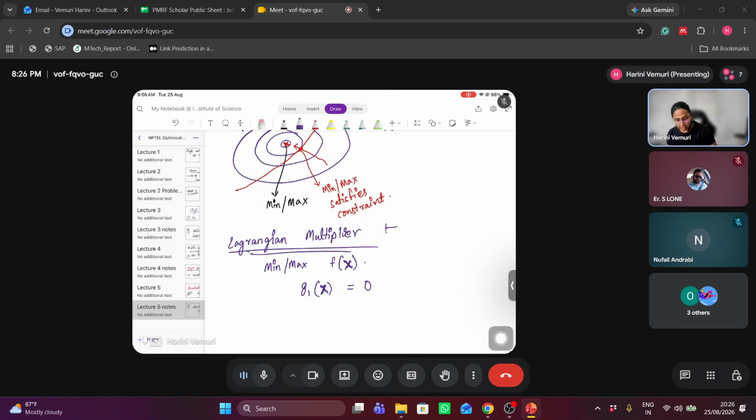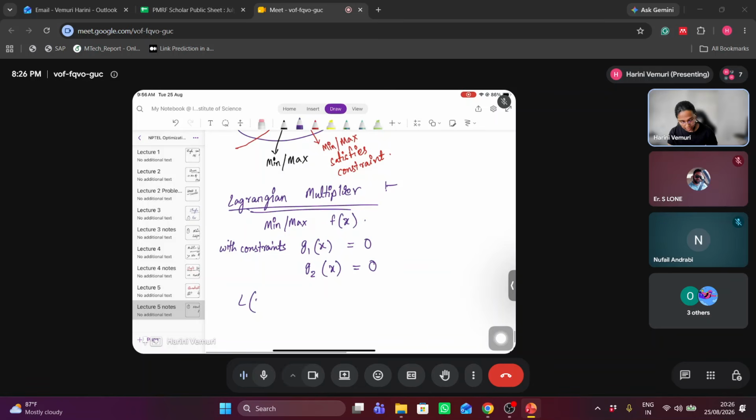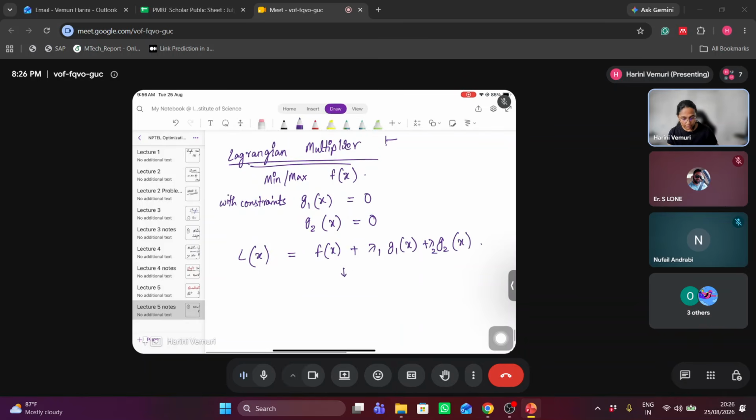First let me write for a single variable for clear understanding. Suppose we have two constraints, g1 of x and g2 of x. Then we have the Lagrangian equation: L of x is f of x plus lambda 1 g1 of x plus lambda 2 g2 of x. Then we will solve the function.